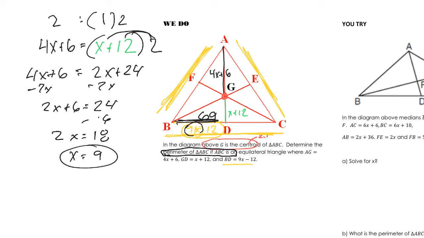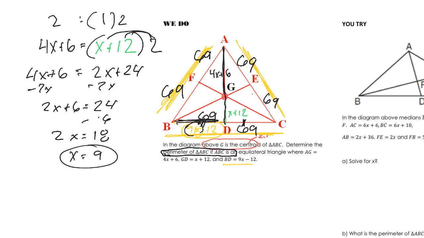So BD is 69. That means this side is also 69. This side 69. Because it's an equilateral triangle. And remember, medians hit the midpoint of the side. So all these are midpoints.